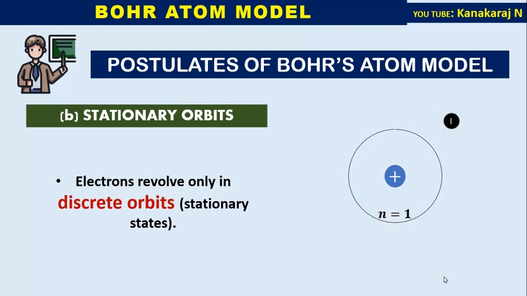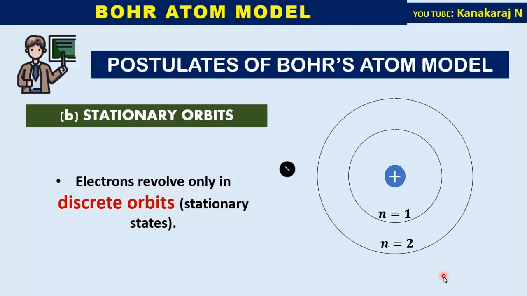Now, second orbit, we call n equals 2. n is the principal quantum number. This is the third orbit where the principal quantum number is 3.